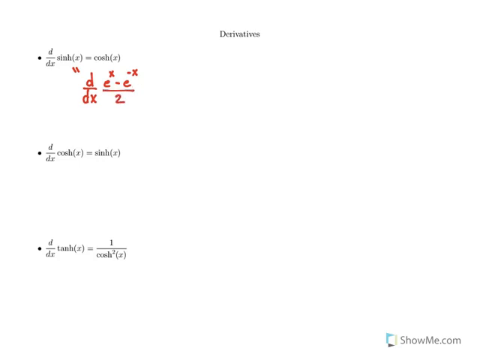So when you take that derivative, that's going to be 1/2 we can pull out in front of the derivative of e to the x minus the derivative of e to the negative x. The derivative of e to the x is just e to the x. And the derivative of e to the negative x is a very quick application of the chain rule.